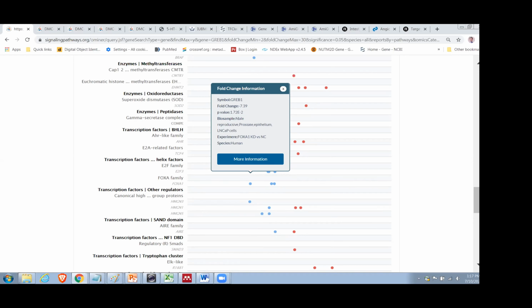So what this particular individual experiment indicates is that loss of function of FOXA1 results in down regulation of Rebl.